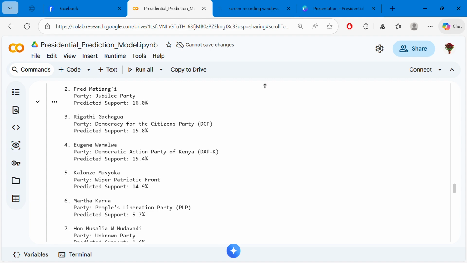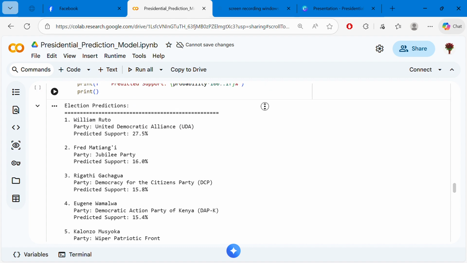So here we got the election predictions. After evaluating the model, we found some results.